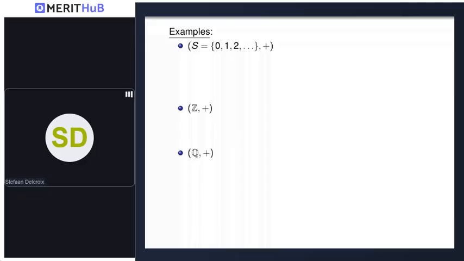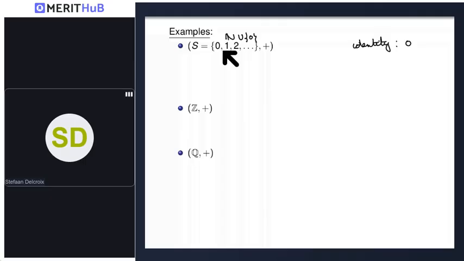So this is the natural numbers where we add 0 to it, the positive integers. What is the additive identity here? It's a number that when you add it, doesn't do anything. That's 0.